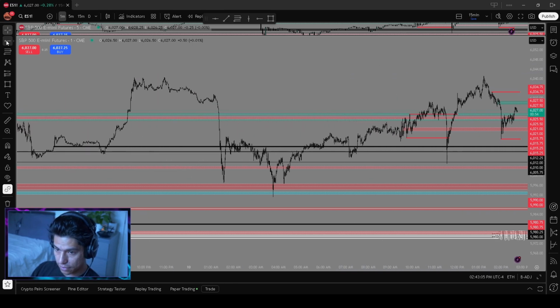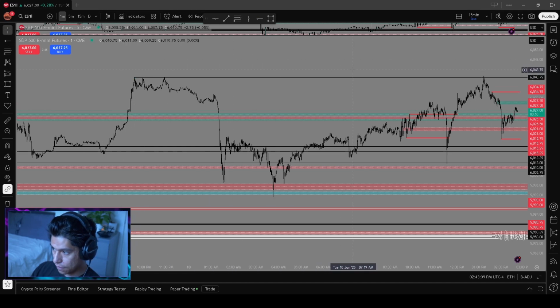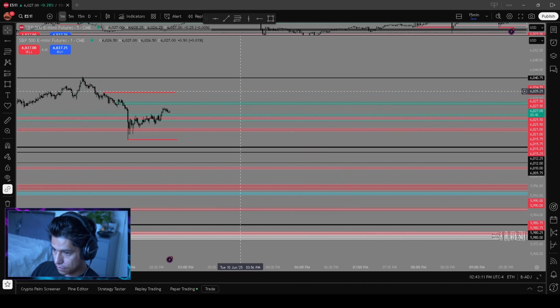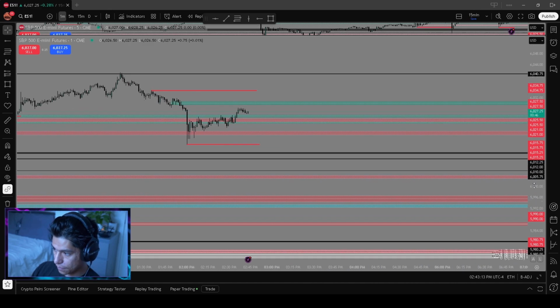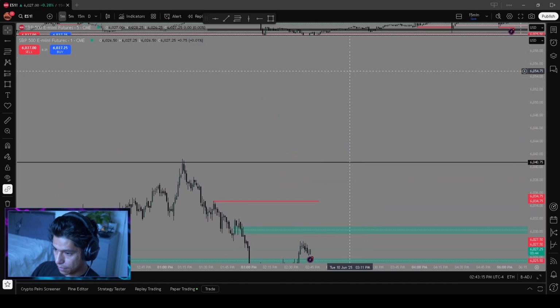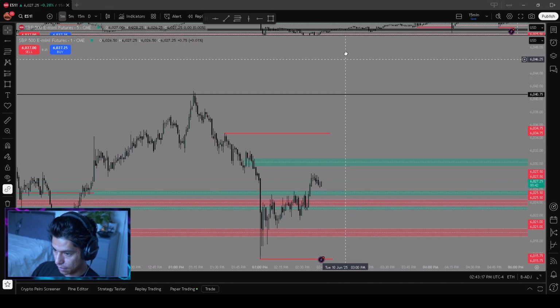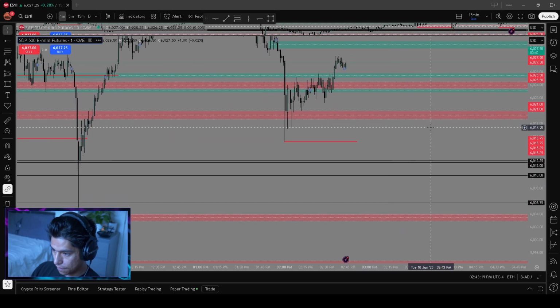We took out these relative equal highs right here. So we already took that out. But I still think we might reach up there. But we can't expect price to go lower.